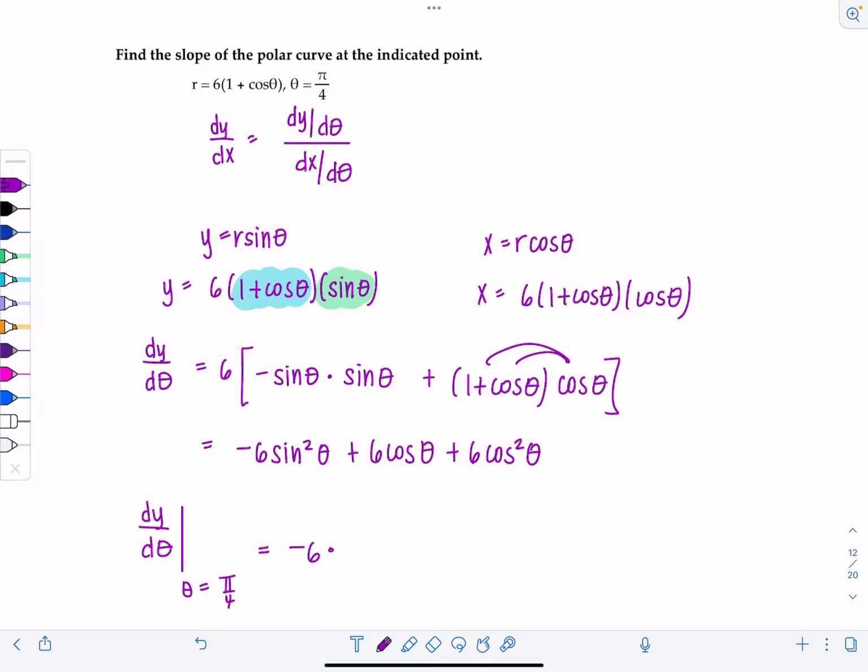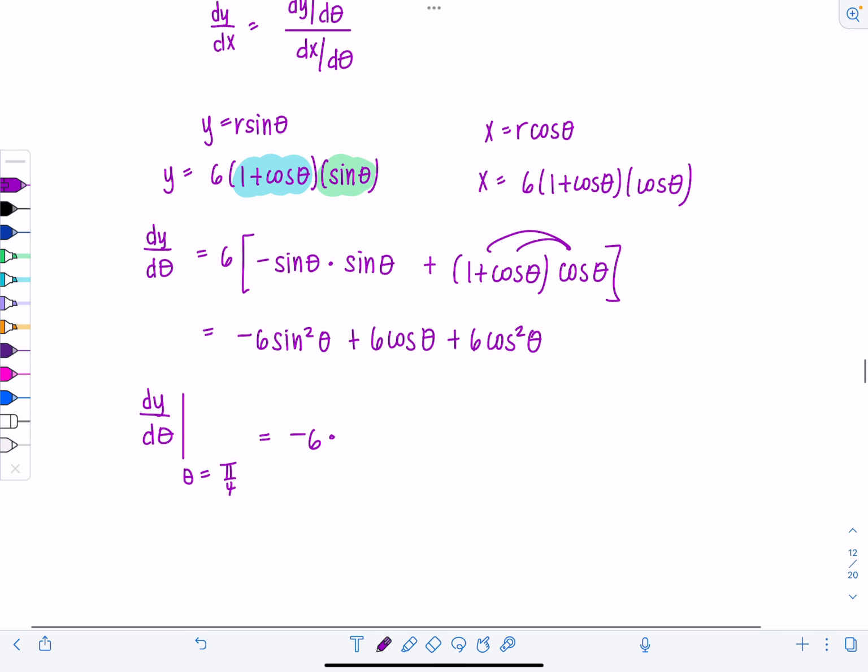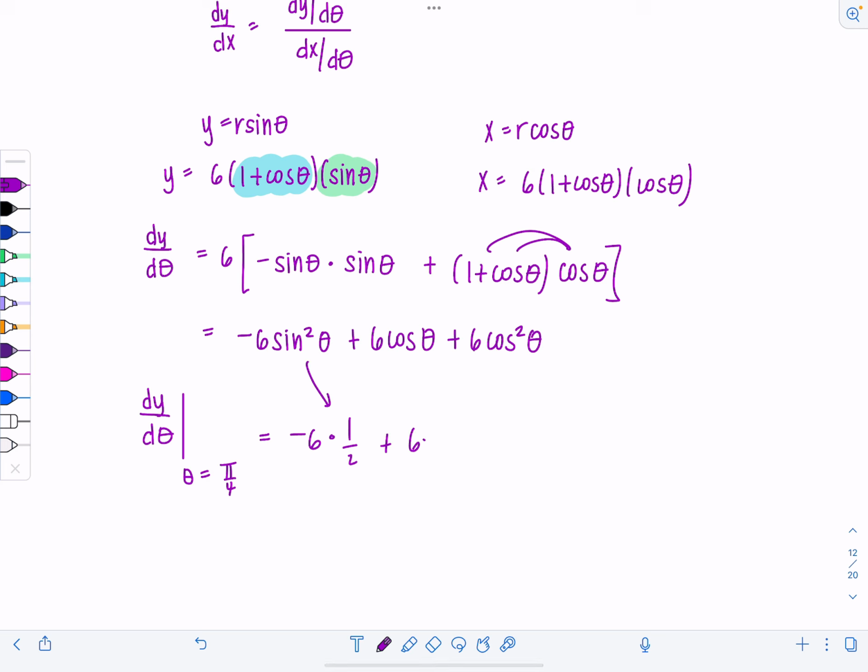So sine at pi over 4, I know a lot of you guys know it as rad 2 over 2, but it's also useful to think backwards before you rationalize the denominator, and it was just 1 over rad 2. And so if I square 1 over rad 2, it just becomes a half, see? And then 6 cosine theta, so that's 6 times rad 2 over 2, so it's already rationalized.